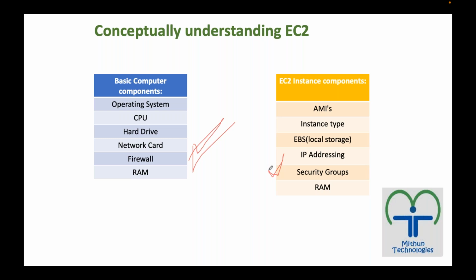A security group is basically a virtual firewall in AWS where we can block the request or allow the request connection. So when it comes to security groups, there are two things: inbound rules and outbound rules.